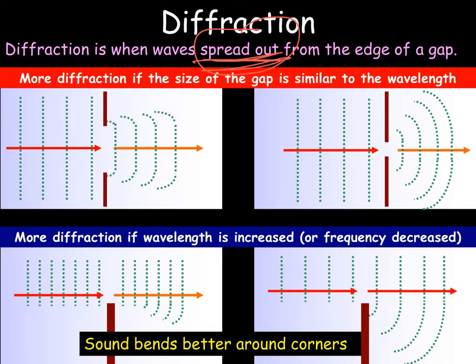So sound diffracts better than light, because light's a short wavelength. It doesn't diffract as much as sound. Sound diffracts more because it has usually a longer wavelength. And radio waves, which have a very long wavelength, diffract very well, which is why you can detect radio waves in all sorts of places which seem to have no clear line of sight.